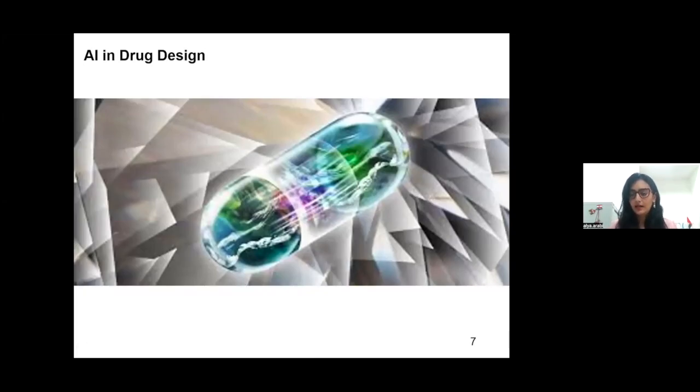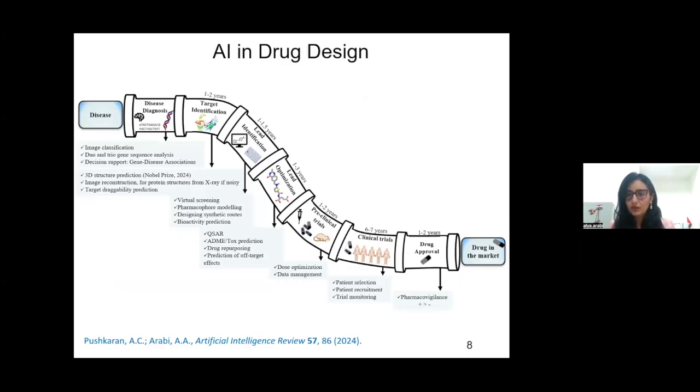We have a review that was published last year that beautifully summarizes how AI can help throughout the pipeline, starting from disease all the way to a drug market. And you can see here in the blue boxes examples of where AI can help in things like diagnosis, mostly with X-ray and MRI and pictures that can be analyzed, and with also a sequence analysis of genes for target identification.